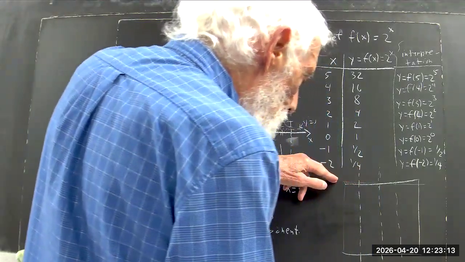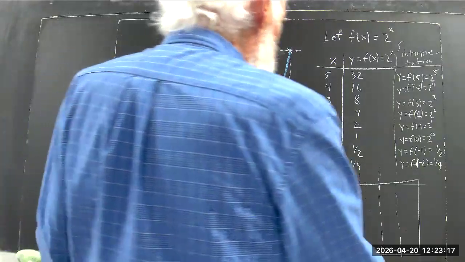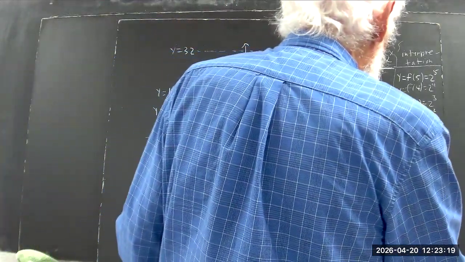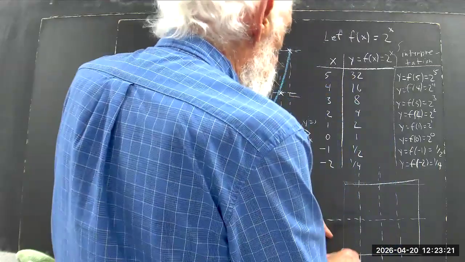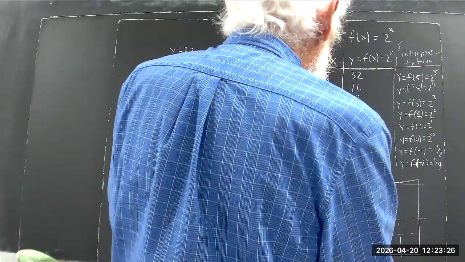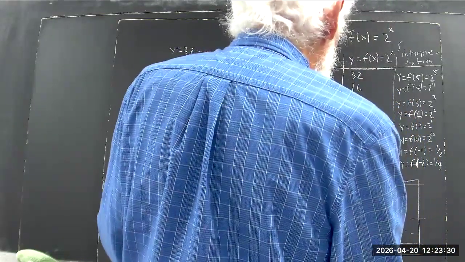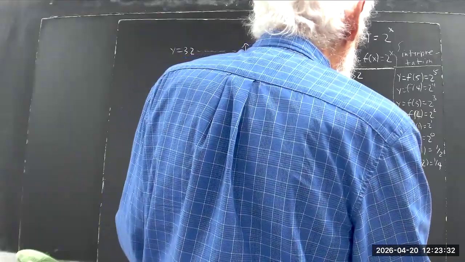Okay? Now, I cut it from the top, I go halfway to the bottom, just like I was going halfway up here. And then I go halfway from there to the bottom. And halfway from there to the bottom. And halfway from there to the bottom.